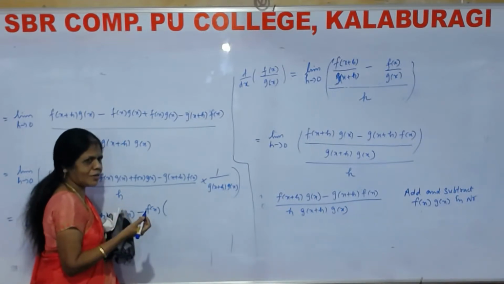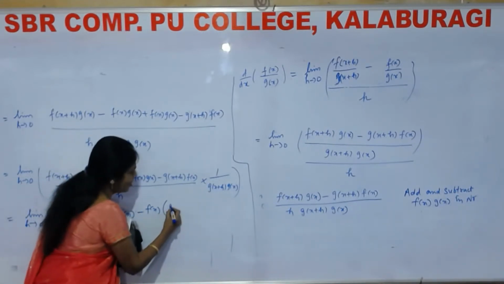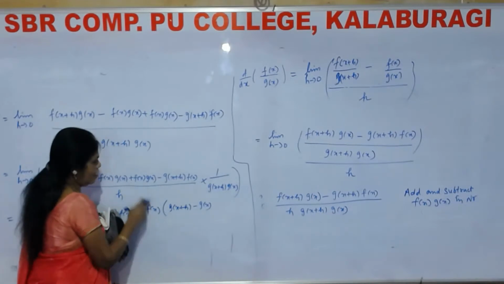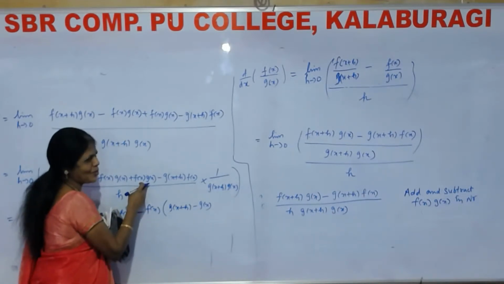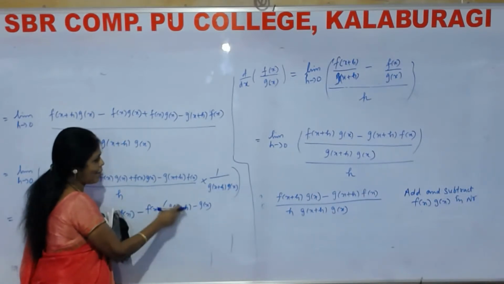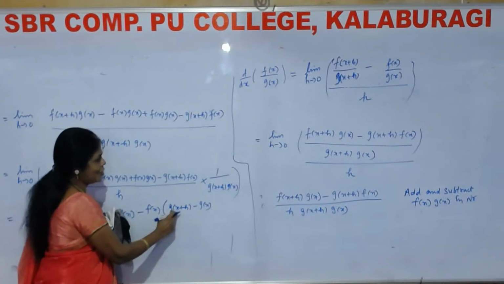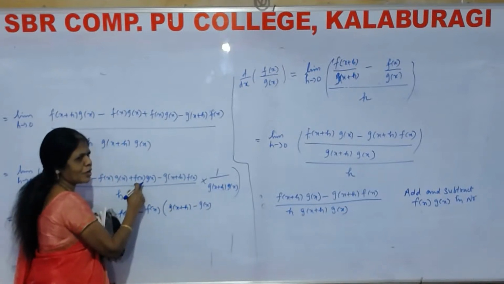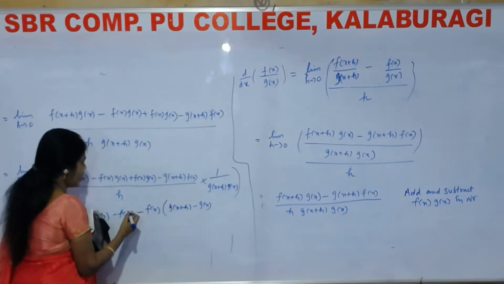Again, I will do by another method also. Now listen to me, what it is. g of x minus g of x plus h. f of x is out. What is left? g of x minus, multiply this into this will give us 1, and minus into minus is plus f of x, 0. Okay?